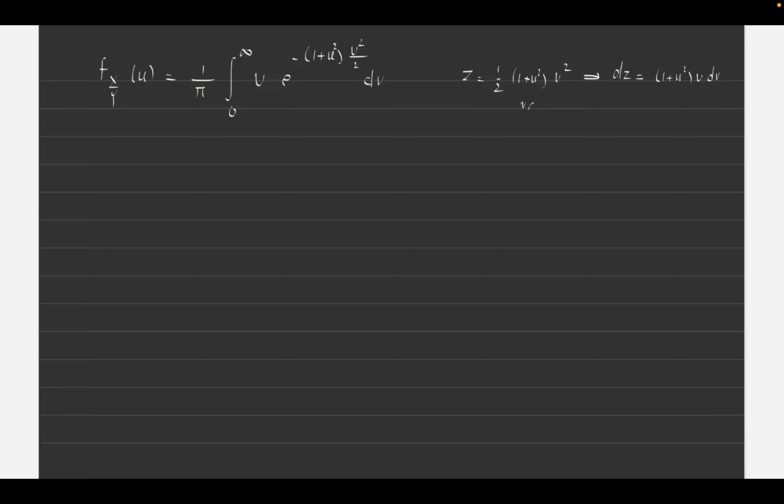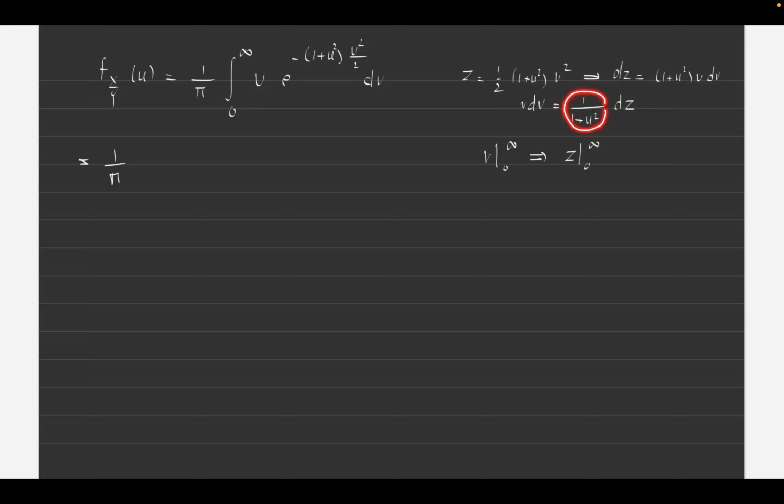So this means that v dv becomes equal to 1 over 1 plus u squared, dz. And of course, if v goes from 0 to infinity, the same will happen for z. Very simple to see.